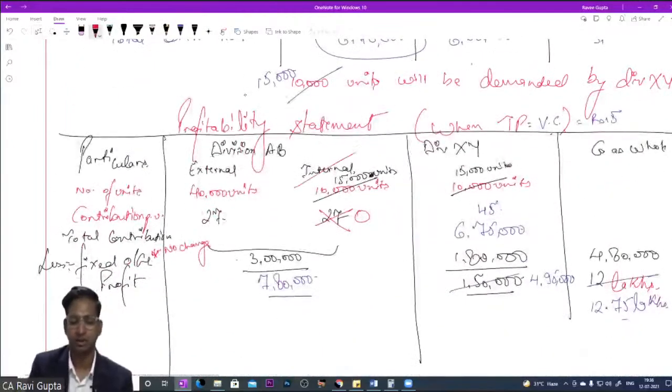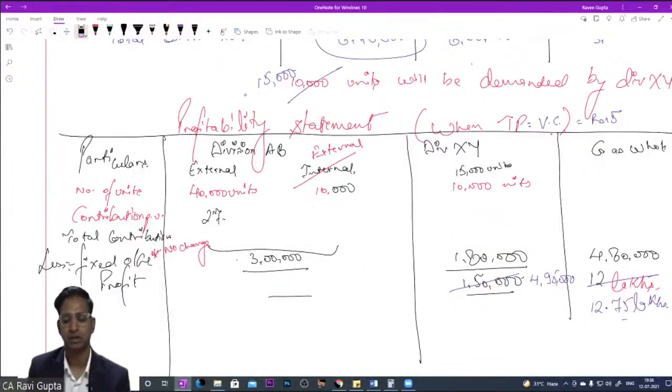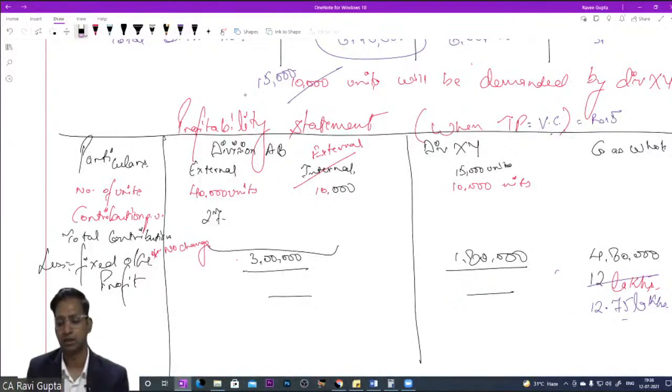Yes, there will be a separate external market where we will be selling 10,000 units. We will be calculating the contribution per unit, the total contribution, and this profitability will change. Here, our contribution per unit will change, total contribution will change, and profit will also change.